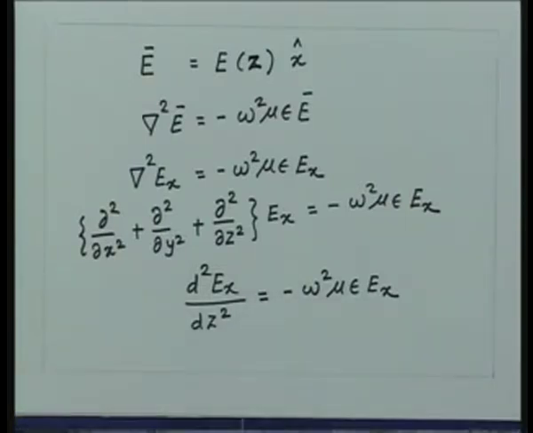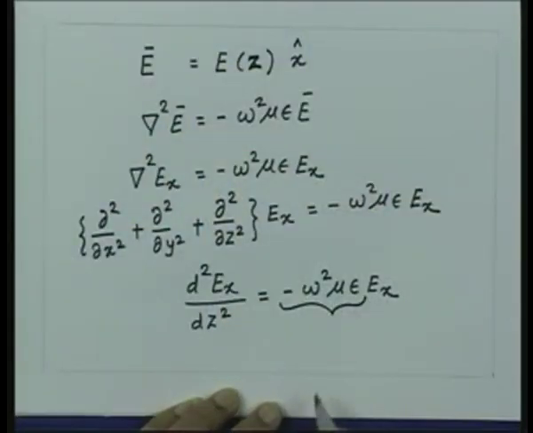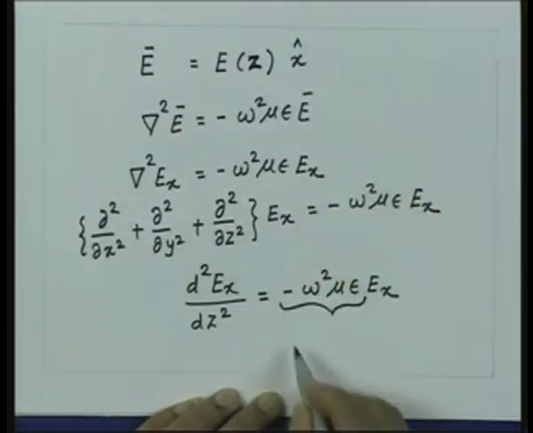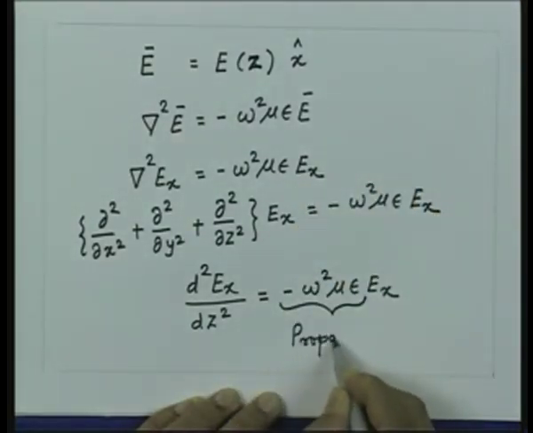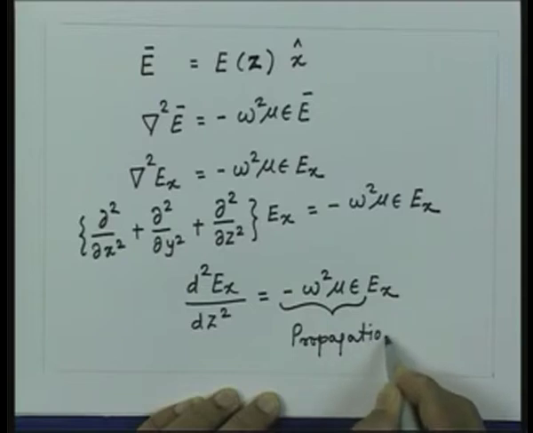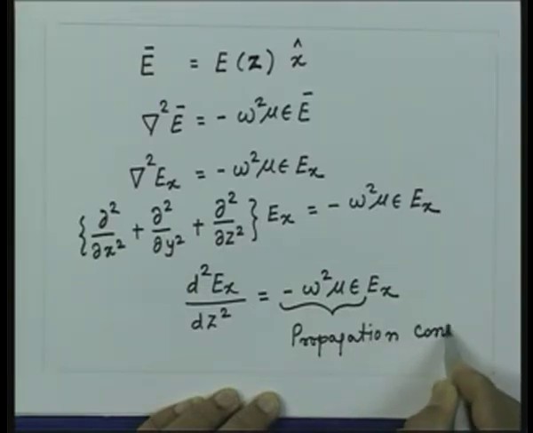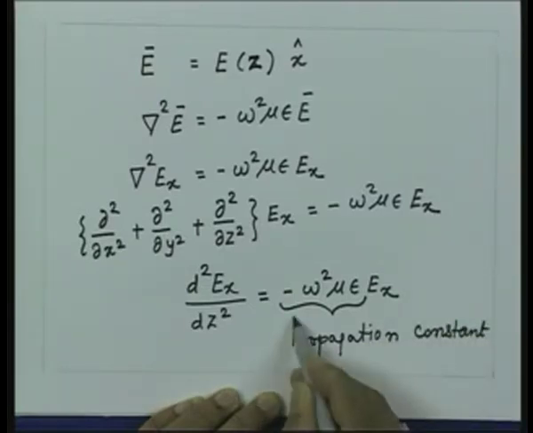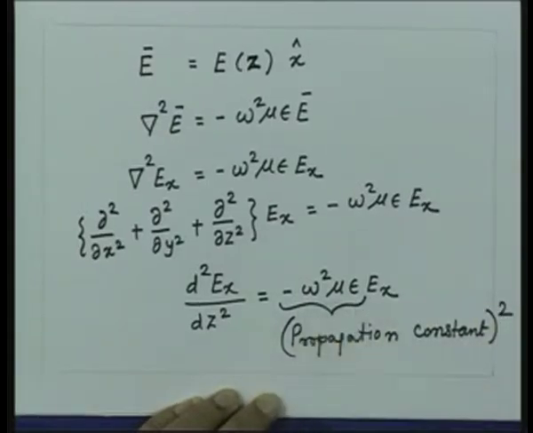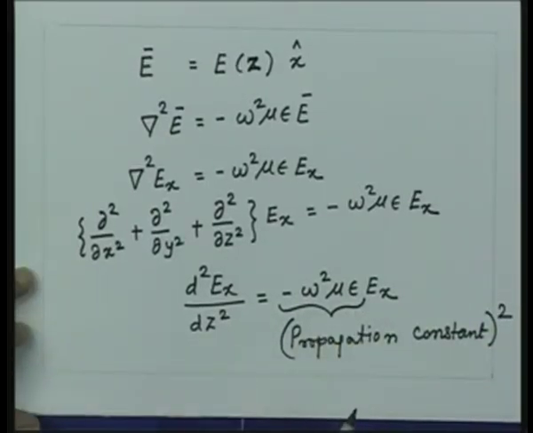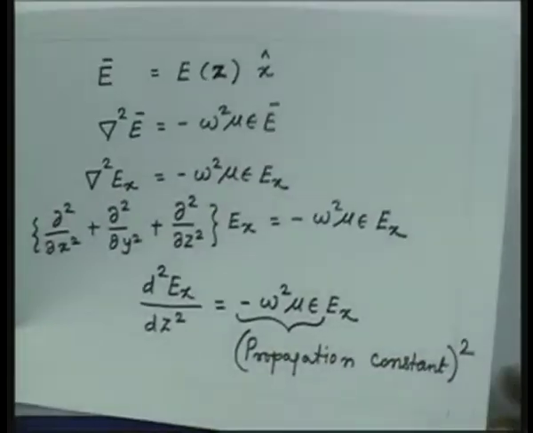With the same kind of understanding, we can call this quantity the propagation constant for this case, or rather the square of the propagation constant, as we defined there. Following the notation and convention which we had for transmission lines, we call the propagation constant gamma.